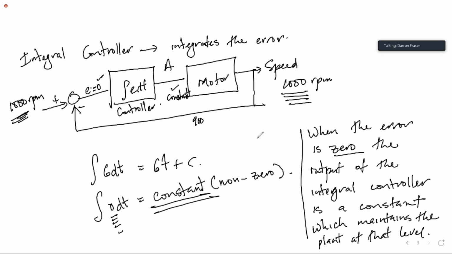Your textbook put it the other way: if you want zero error, then you use an integral controller. An integral controller causes the error to be zero, right? So you need an integral controller.